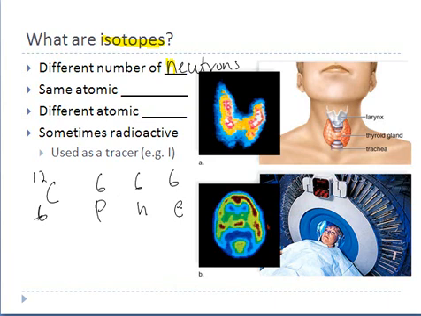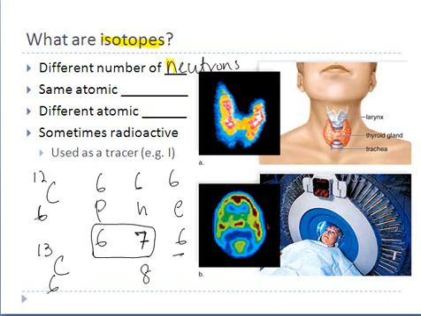Now if I change the number of neutrons to 7, with the number of protons and electrons still 6, the atomic mass would now be 6 plus 7, which is 13, but the atomic number would still be 6. And if we have another variation with 8 neutrons, it would be carbon 14 on the top and 6 on the bottom.